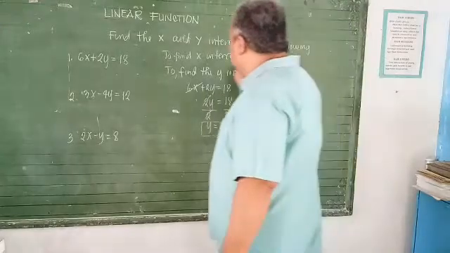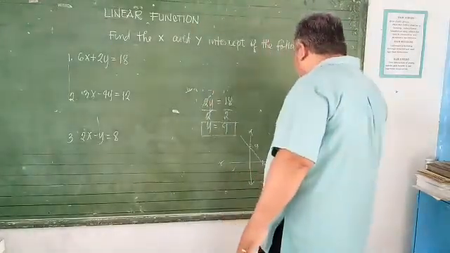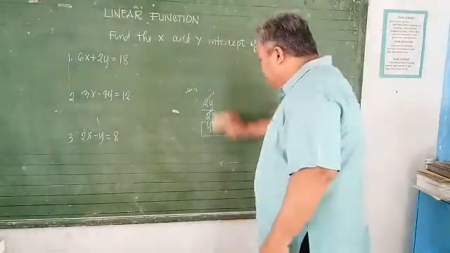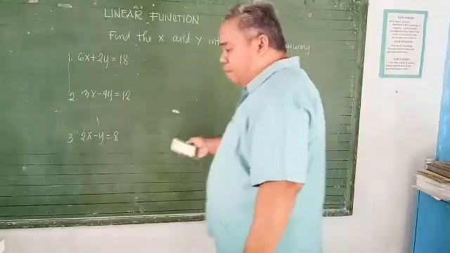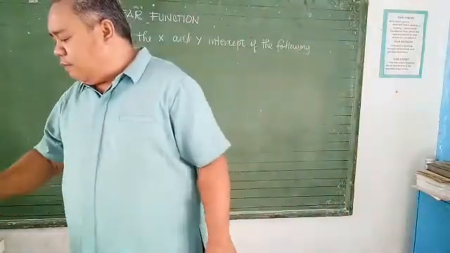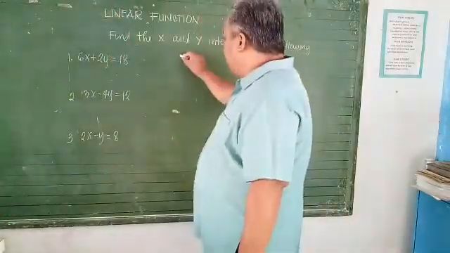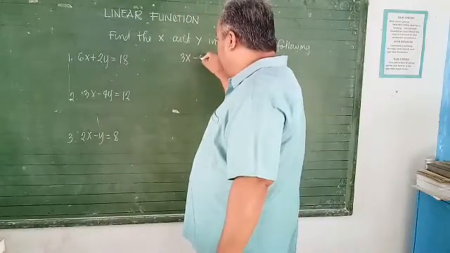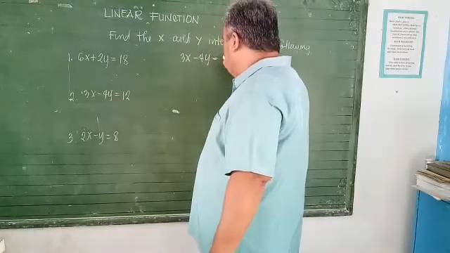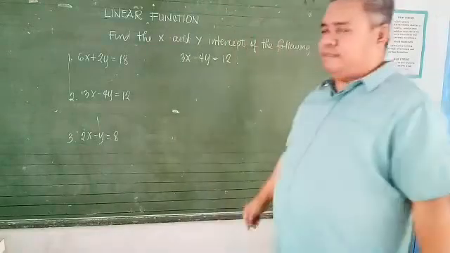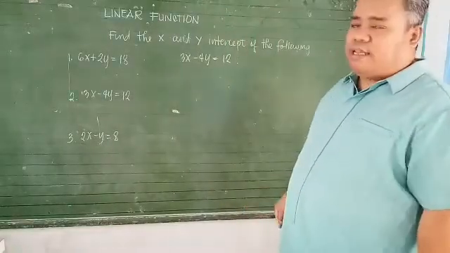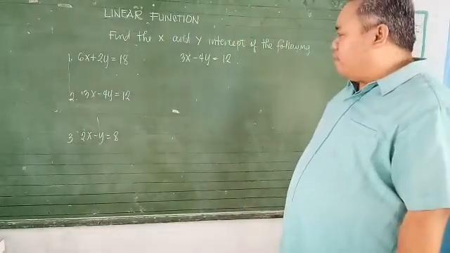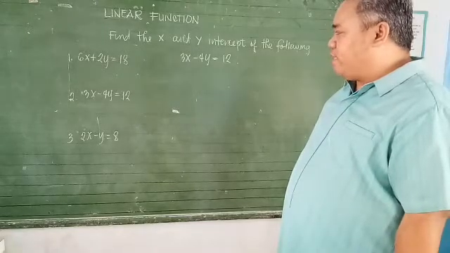Okay? So let us continue our example for number 2. For number 2, we have now this one. So 3x minus 4y is equals to 12. Okay. So let us find our y-intercept first.